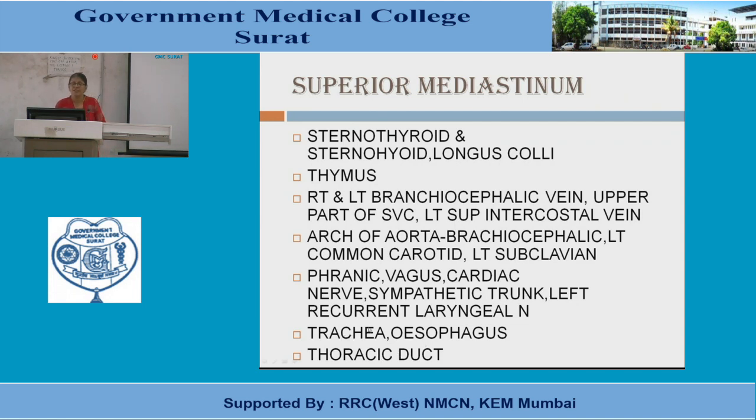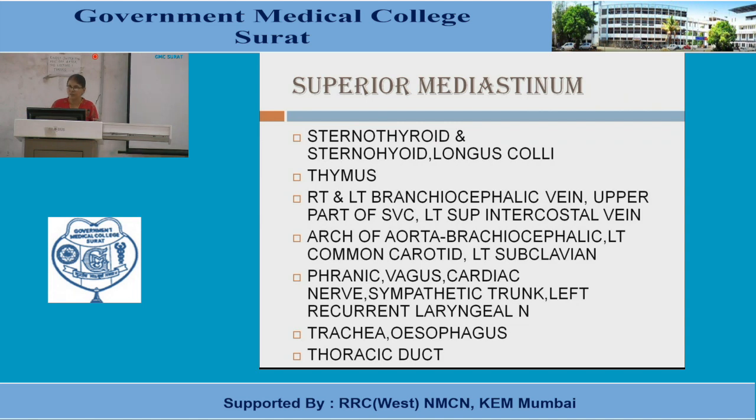Trachea and esophagus. Now at the level of the sternal angle, trachea will bifurcate. The inferior level of the superior mediastinum is the sternal angle. So in the superior mediastinum we see the trachea, and at this sternal angle, trachea bifurcates into two principal bronchi.